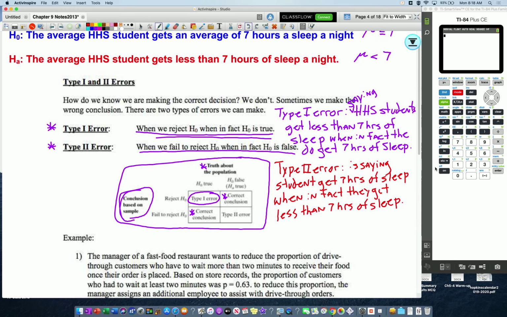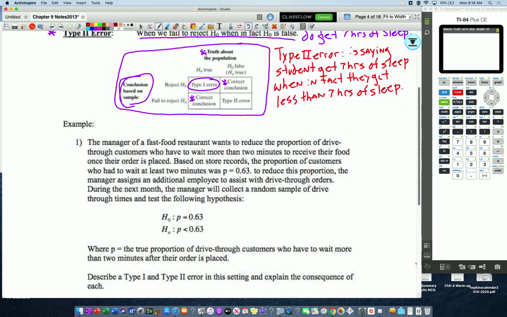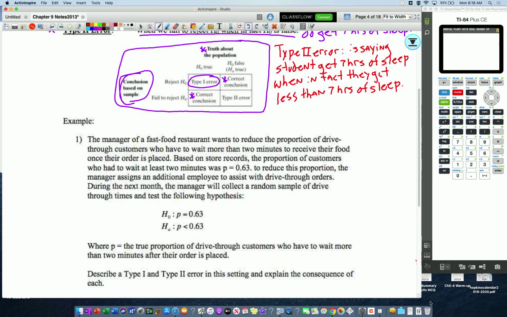Just to give you a little more practice on this, we have an example down here that deals with the manager of a fast food restaurant. I'm going to give you a second just to read it.